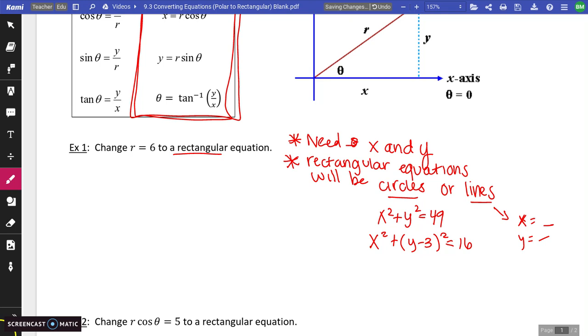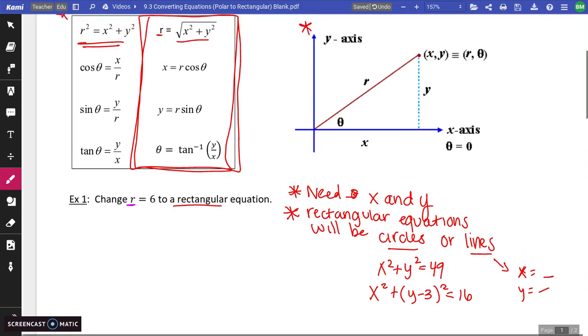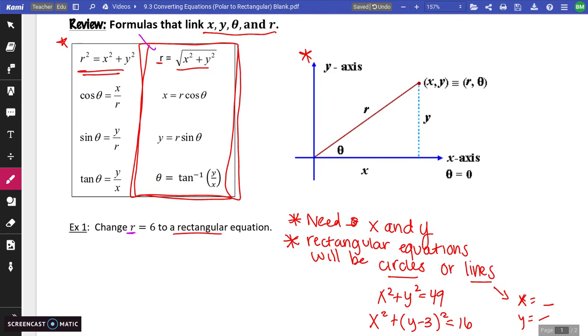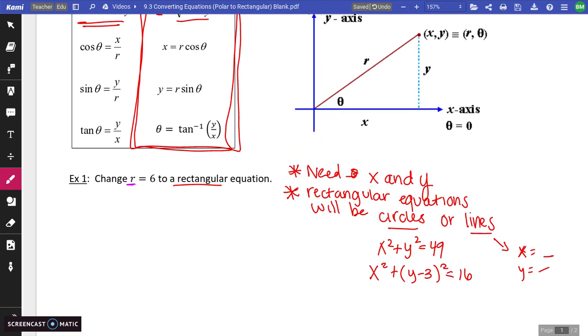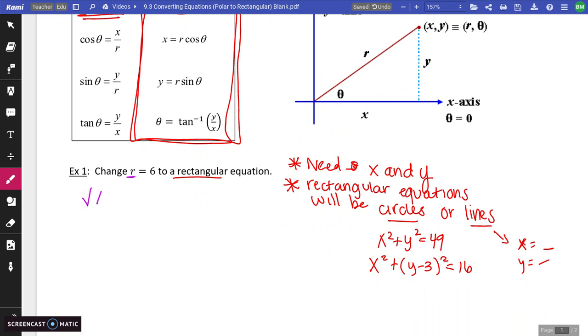Right, so let's start with our first example here. It says change r equals 6 to a rectangular equation. That means I want to replace r with something that has x's and y's. Now looking back at the equations, that very first one here will work. So I can replace r with the square root of x squared plus y squared, still equal to 6.